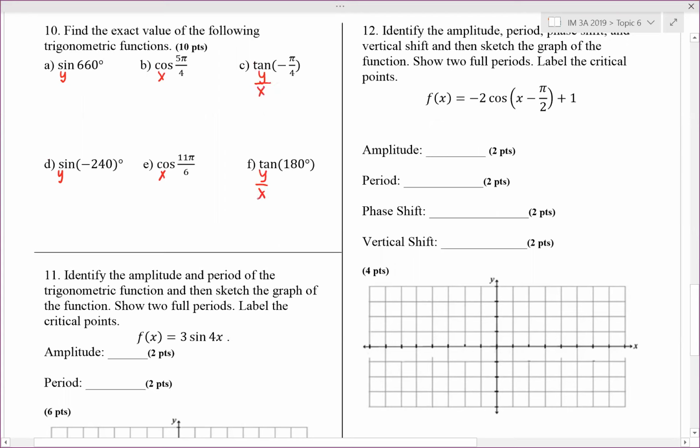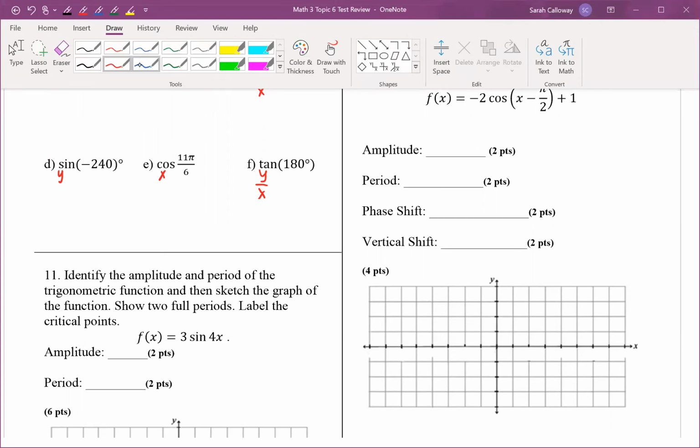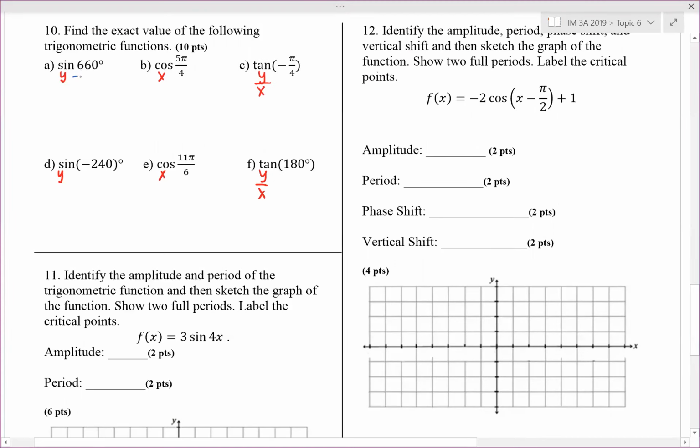So for a lot of them, we'll just have to look at the unit circle and then our answer is shown when the angle's on the unit circle. So for angles that are not, we're going to have to add or subtract 360 if it's in degrees, or add or subtract 2 pi if it's in radians. So for sine of 660, I want to subtract 360 degrees from 660 so that I can know what angle is coterminal with 660.